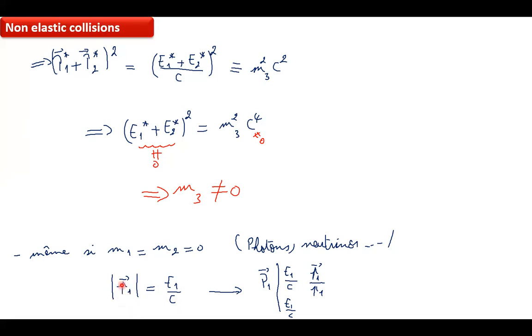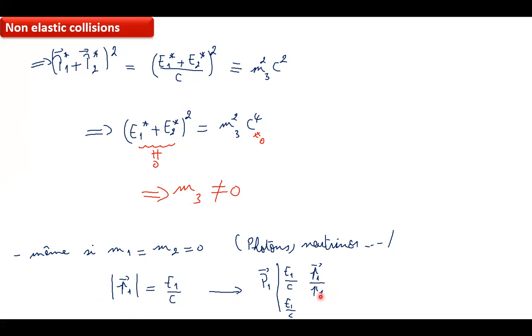So the little p1 vector has magnitude E1 over c, so the 4-vector has spatial coordinate E1 over c times the unit vector in whatever the direction.